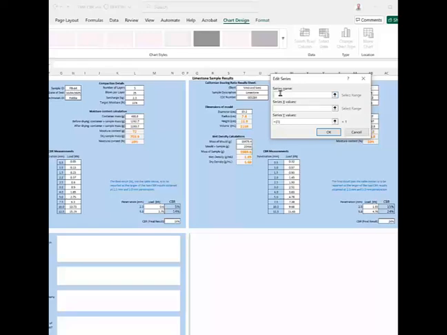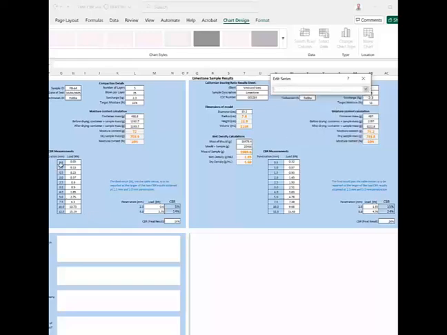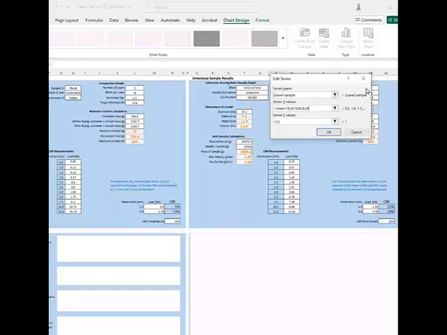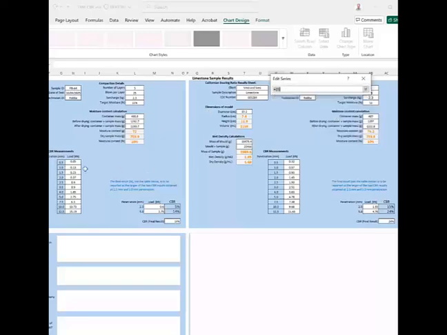First for the gravel sample, the X variable is penetration in millimetres, and the Y variable is the load measured in kilonewtons.